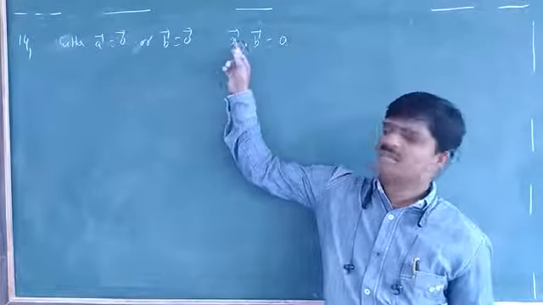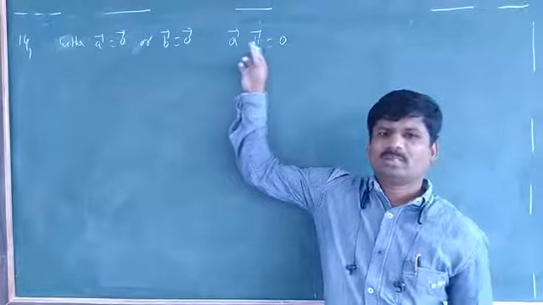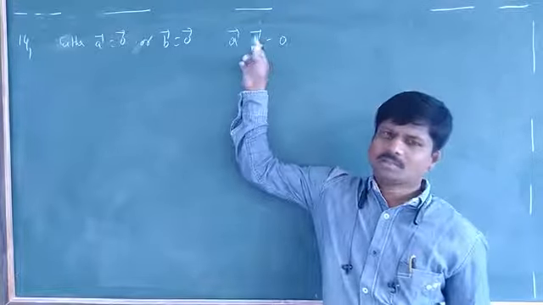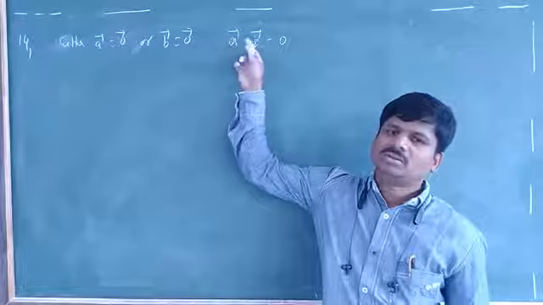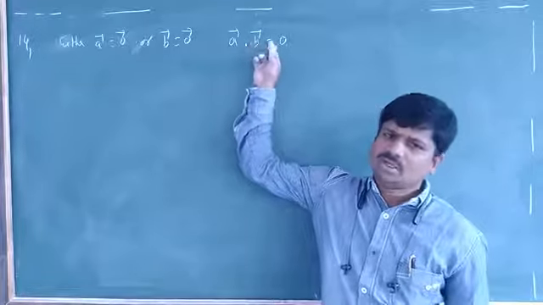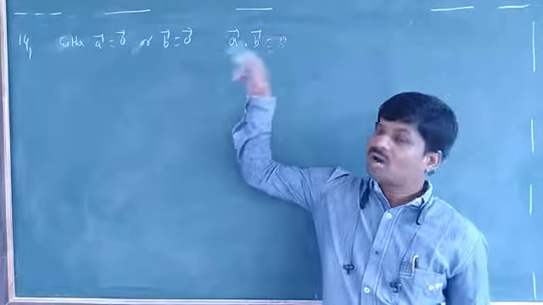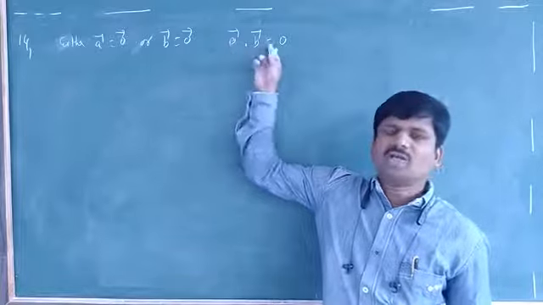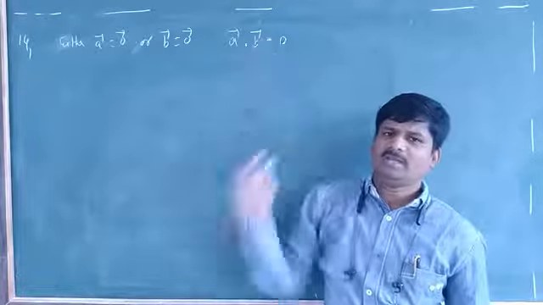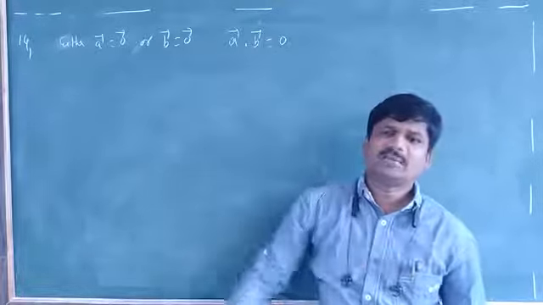It is a scalar, not a vector. Suppose A bar is a 0 vector and B is some other vector, you will get scalar 0 only. Or some vector into a 0 vector, you will get 0 only. But the converse need not be true.